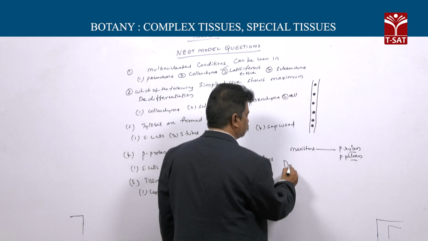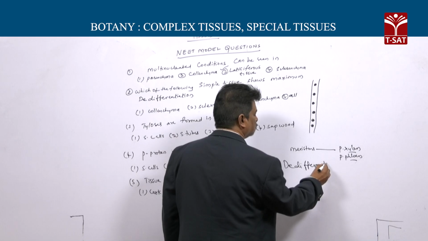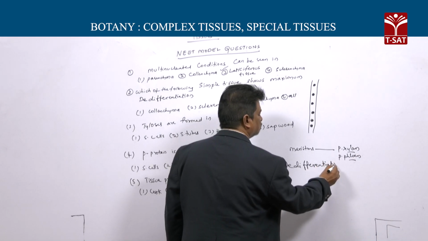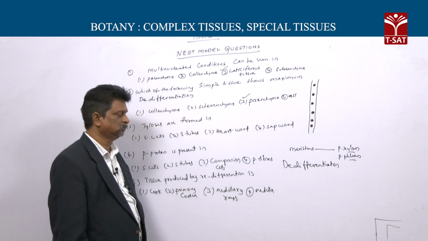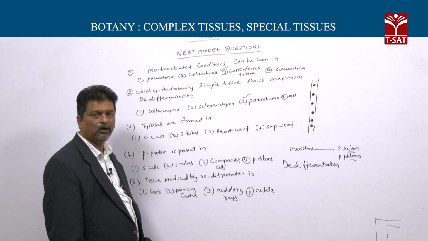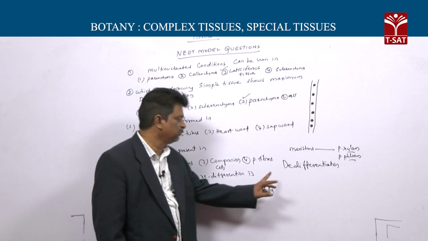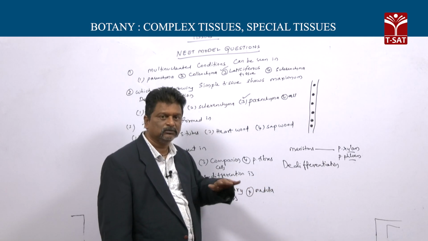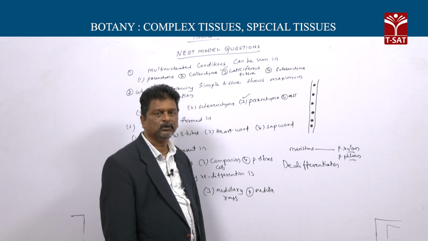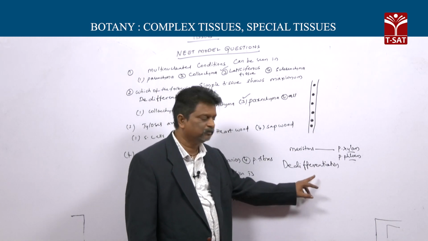Here dedifferentiation means actual permanent cells, which lose their power of division either temporarily or permanently. So there are some permanent cells that regain their power of division and produce secondary tissues, rightly called dedifferentiation.